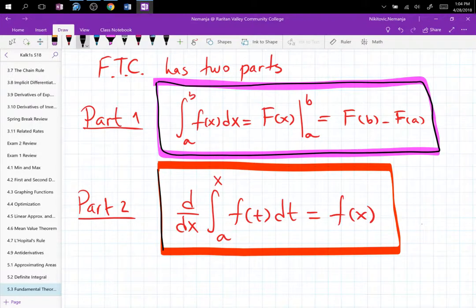Can anyone tell me what this part 2 is? We know part 1, area under the curve. We talked about it, right? How about part 2? What does it look like? What do you think it states? Yes?